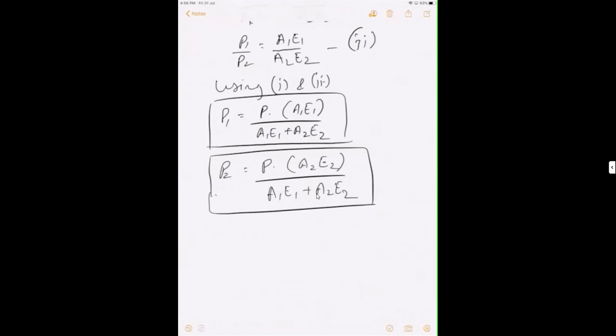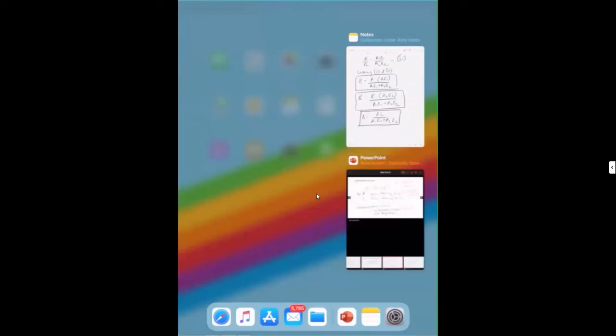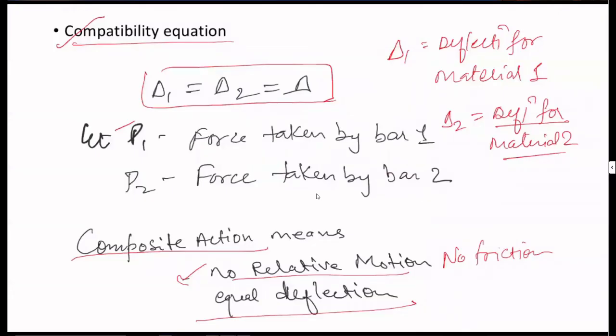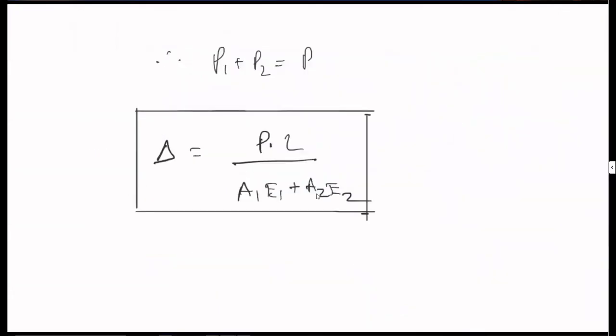So my total deformation delta is equal to P into L upon A1 E1 plus A2 E2. So I have derived this delta here.